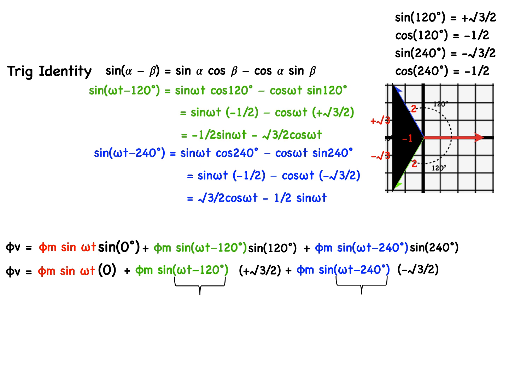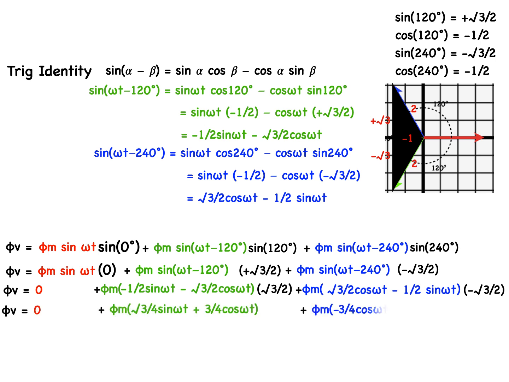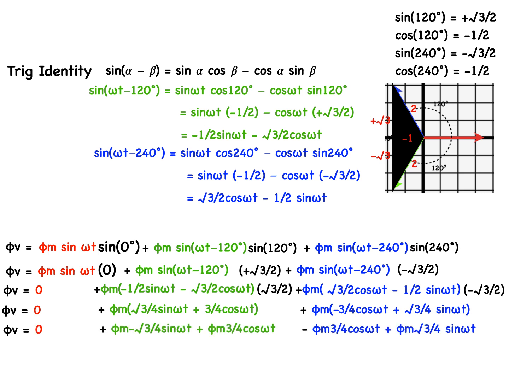And we can again replace those difference values with the trig identity values. Bringing the plus root 3 over 2 and minus root 3 over 2 inside the brackets. Then we'll remove the brackets. The equation now looks like this.